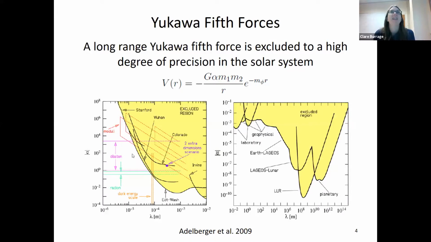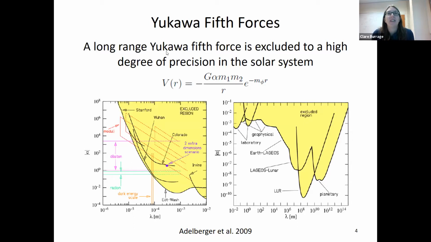Okay, so that's one side of what I've been asked to talk about. The other side, of course, is to talk about extensions or modifications of gravity, and we'll see why those two things are so closely tied together.